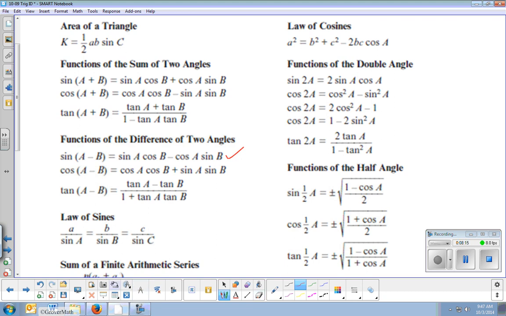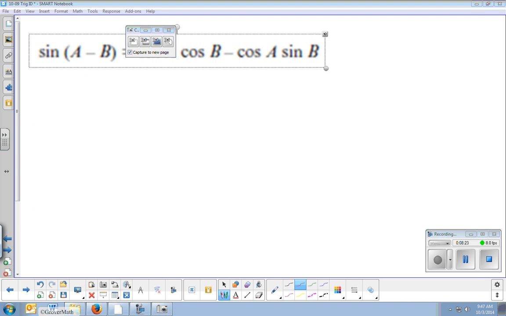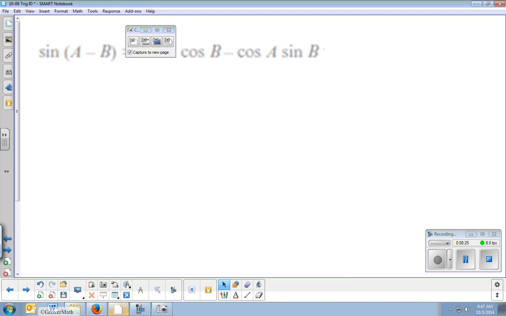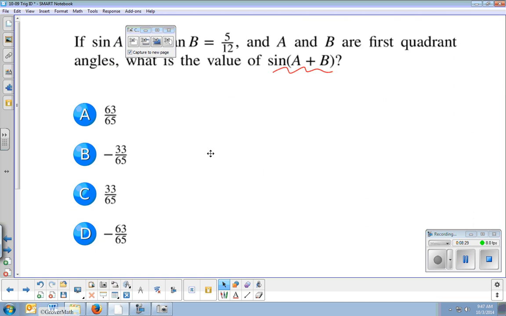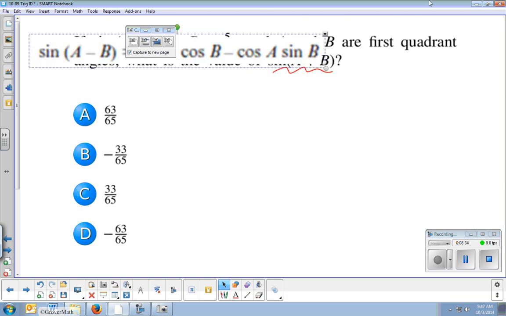So let me take a quick picture of that. Sorry if it's loud. And cut this over to this page. Okay.